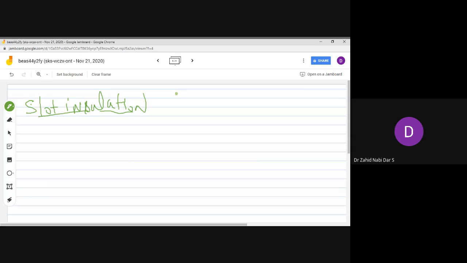If I draw one of the semi-closed slots, like what we saw previously, inside there is the insulation that we have over here, and this is the semi-closed slot.